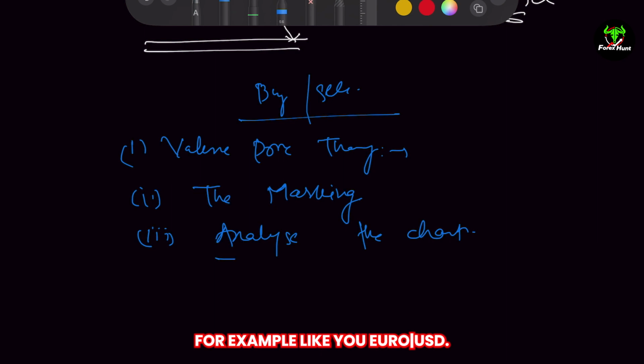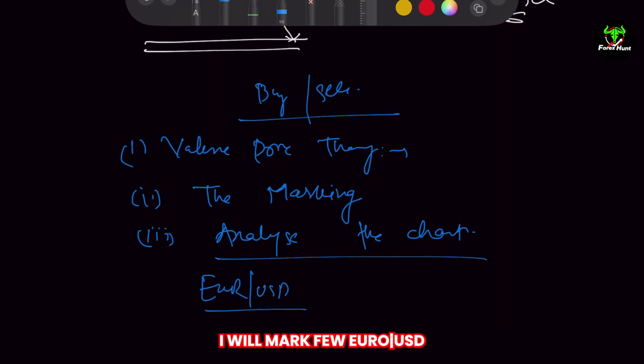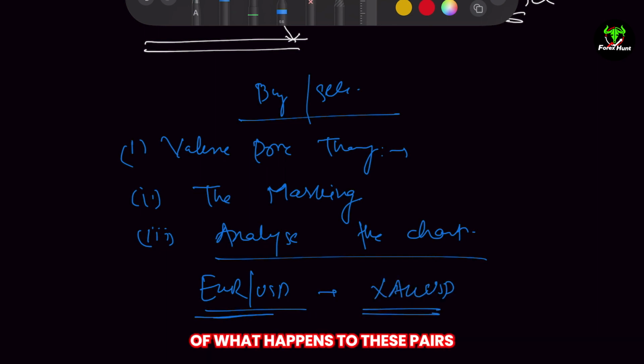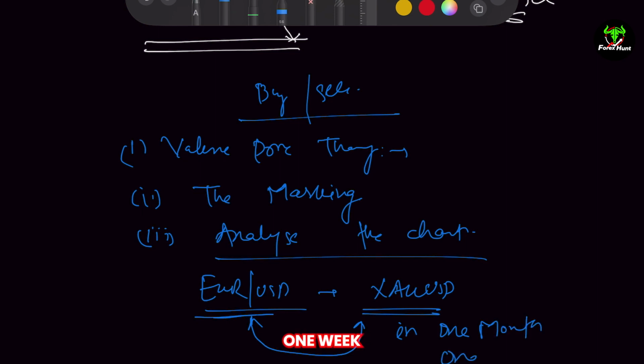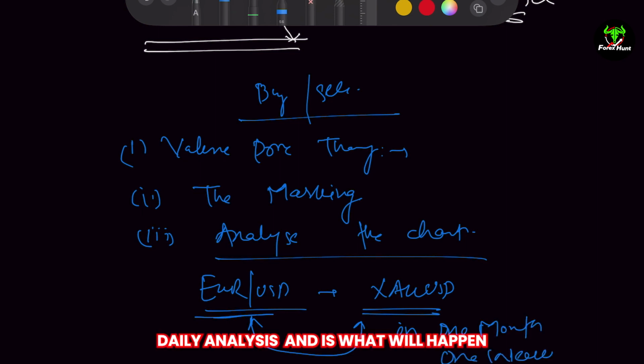For example, I will mark EURUSD and XAUUSD, a proper technical analysis of what happens to these pairs in the 1 month, 1 week, and daily timeframes.